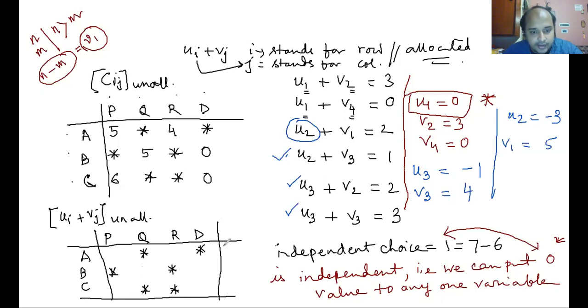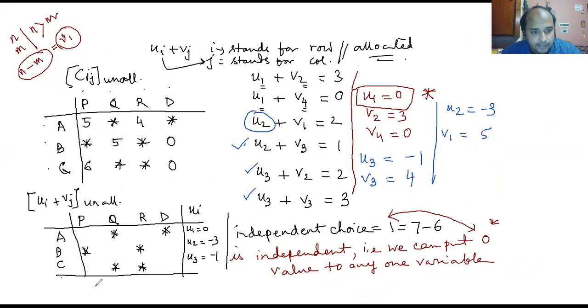So you see, this is ui, so my u1 is equal to 0, my u2 is equal to -3, and my u3 is equal to -1 as I calculated. And my vj I'm going to write, so my v1 is how much, 5.